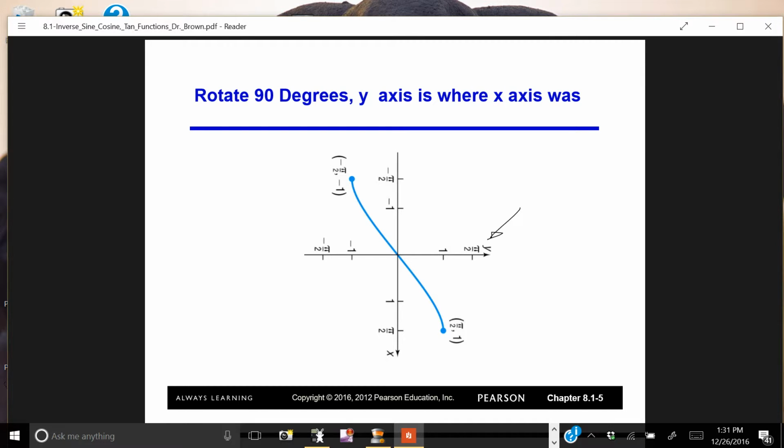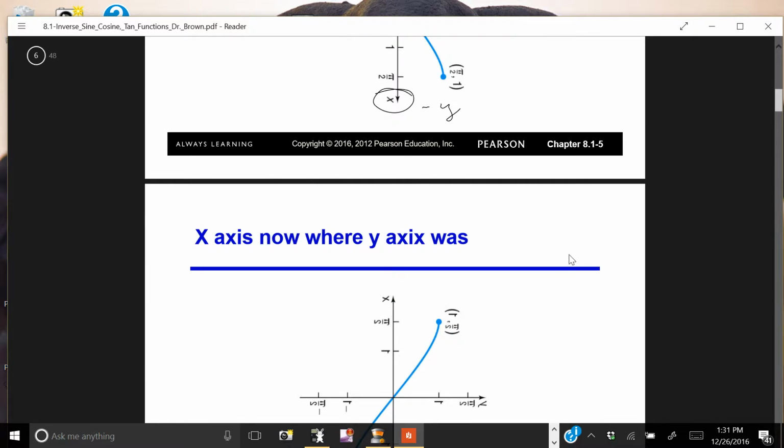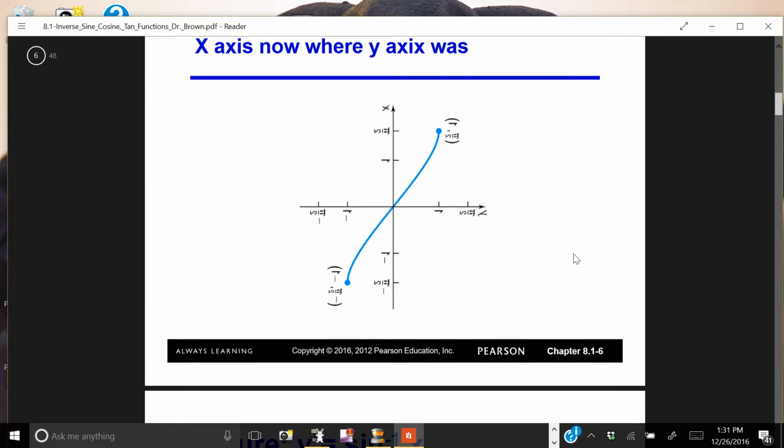And notice that the first flip here, the x values are in the minus y direction. So now if we do a mirror image and flip it up, we now have what we call the inverse sine function. What was y is now x, and what was x is now y.